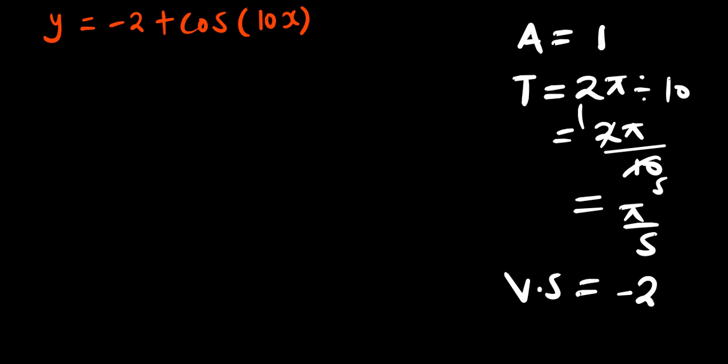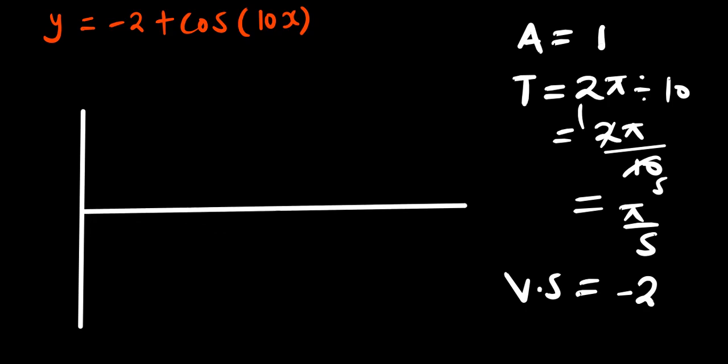So now what do we now have? So we have everything that we need. Let's say this is our graph. This is the y-axis, and this is the x-axis. Okay, let's put it somewhere there. So let's start with the period. The period we've been given is ending at pi over 5.